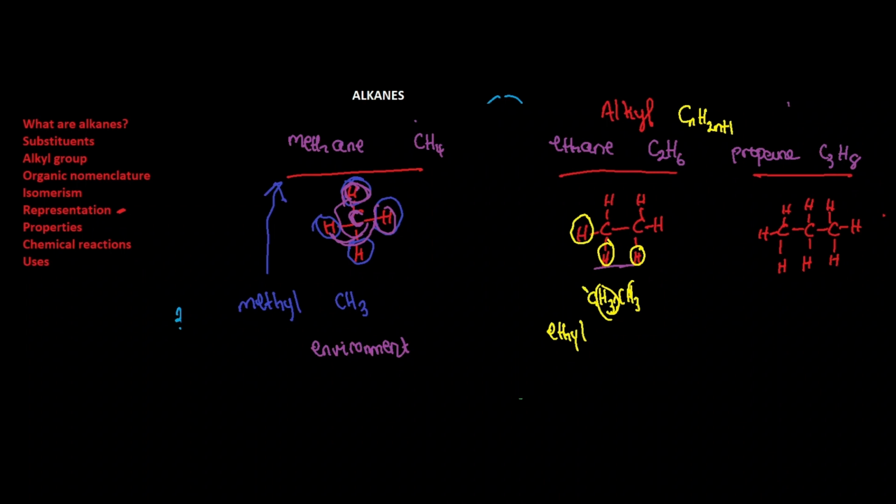So if we take out a child from this carbon, that child, being 1 H, is coming from the same environment as one child from here, because if a child is taken from here, that child will have 2 siblings, and if a child is taken from here, that child would also have 2 siblings, which are the 2 other hydrogen atoms. So basically all of the hydrogen atoms have an identical environment.